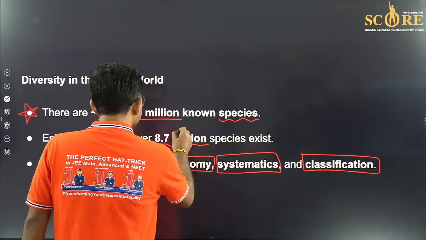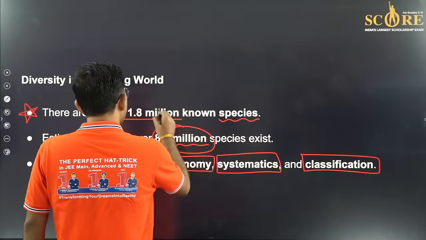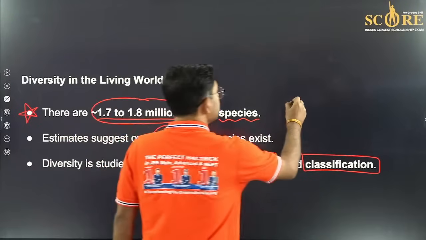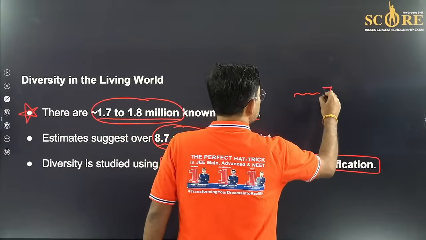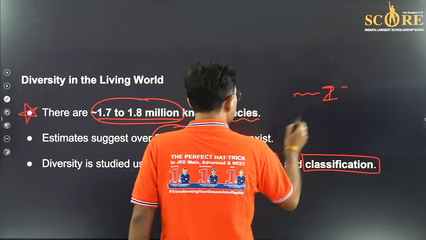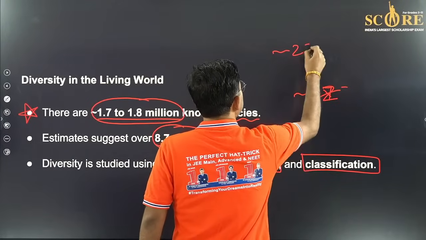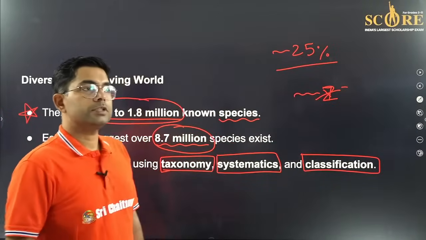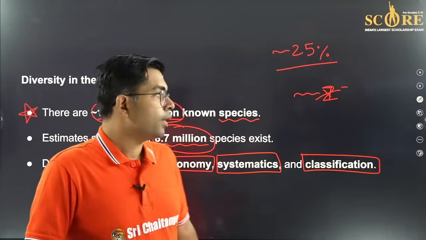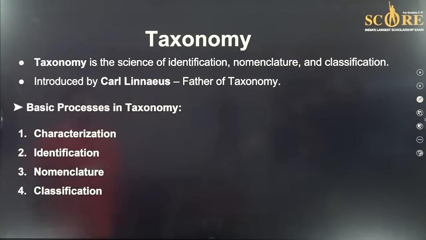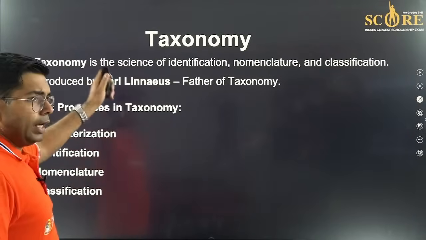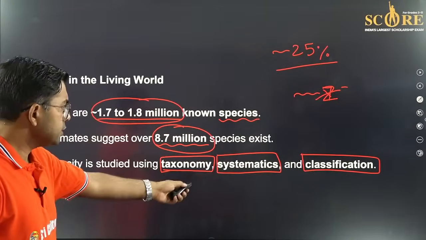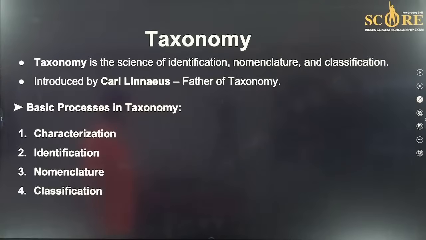Always remember this estimated number and known number, and then you can have an idea that only about 25% of the species are known till now. Now, if we move ahead, these three terms are important: taxonomy, systematics and classification. So let's see them one by one.